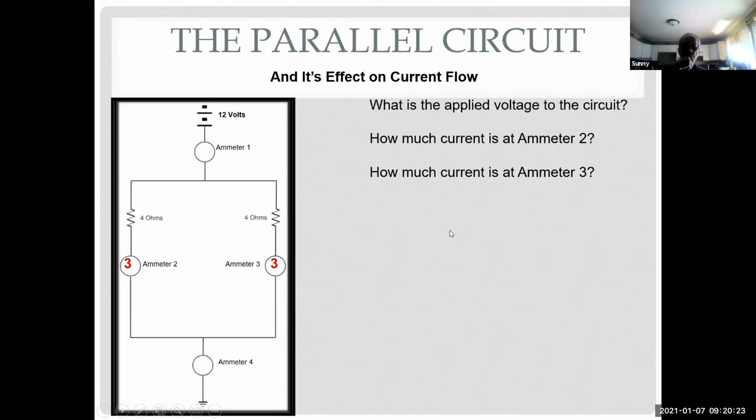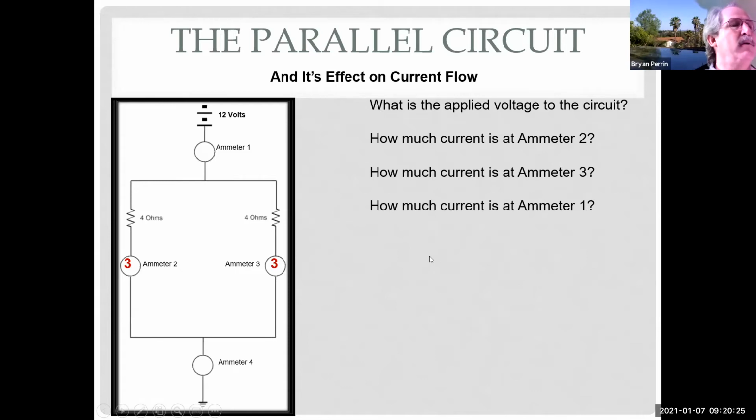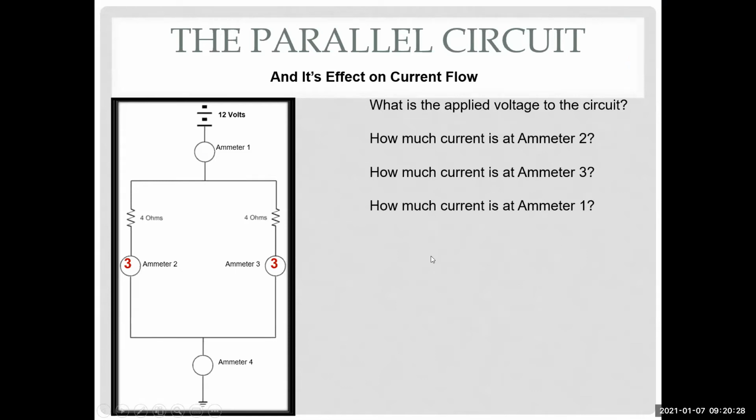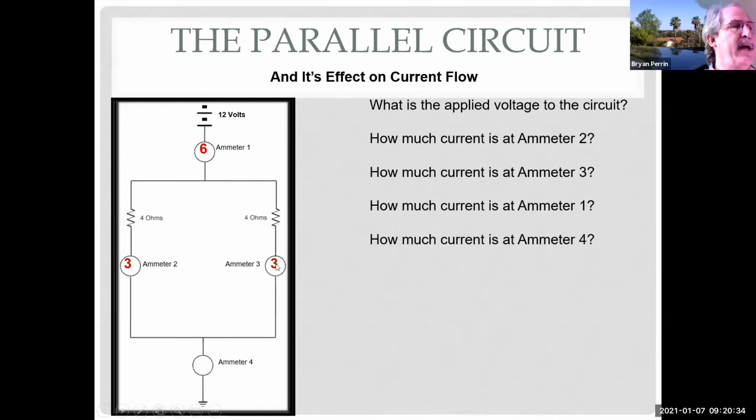Right. So what is amp meter number 1 going to read? 6. And amp meter number 4? 6. There you go. Because with each leg, remember, current adds and resistance divides. So I have 12 volts with 6 amps because each leg is flowing 3 amps.